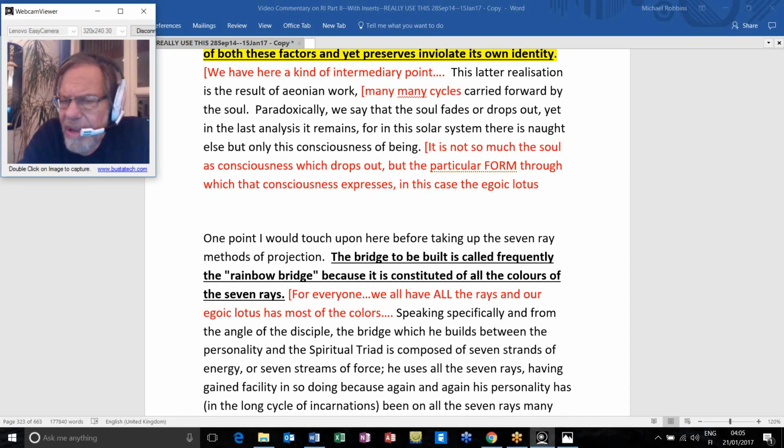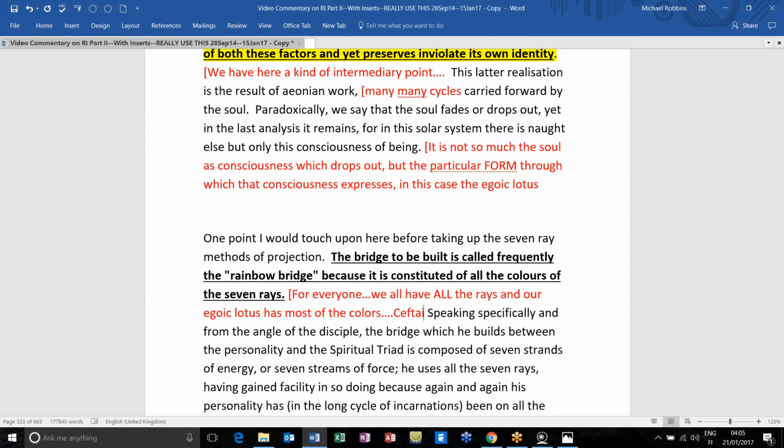And then, of course, when you gather many disciples together and have them work in group formation, all of the colors are going to be present in the group rainbow bridge. And I think I'll put that down.